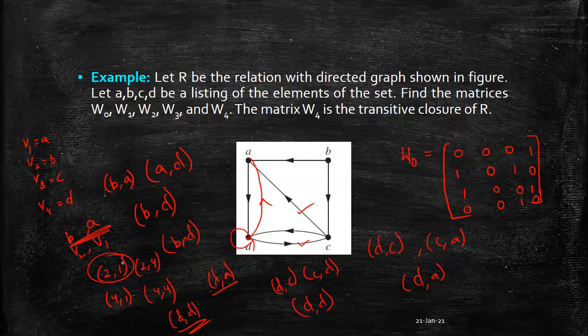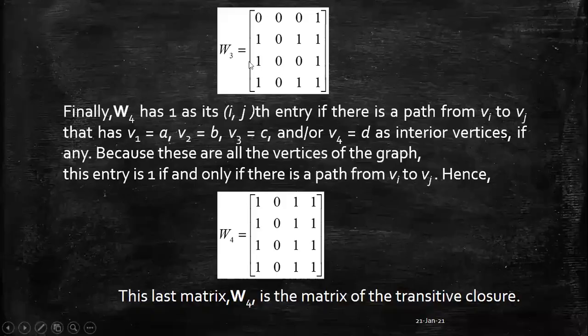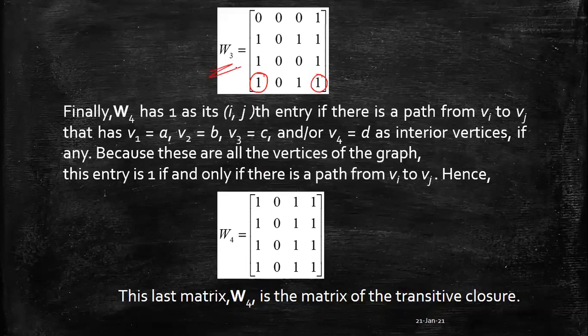Already two are present. 2 1 and 2 4 are present in W1. In W3, we need to add 4 1 and 4 4. So the same will be added in the W3 matrix. So we have added this one and this one in our W3 matrix.